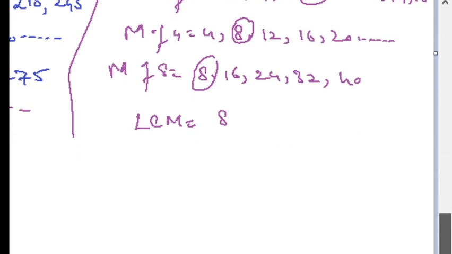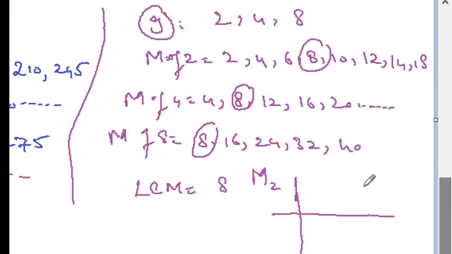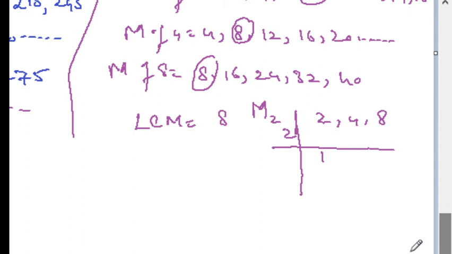Now if you want to do it with the division method, that's very simple. Method 2 here. We have numbers 2, 4 and 8. So we start division by 2. We have 1, 2 and 4. Then we divide by 2 again.